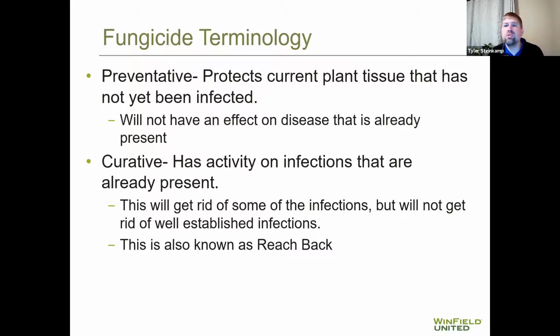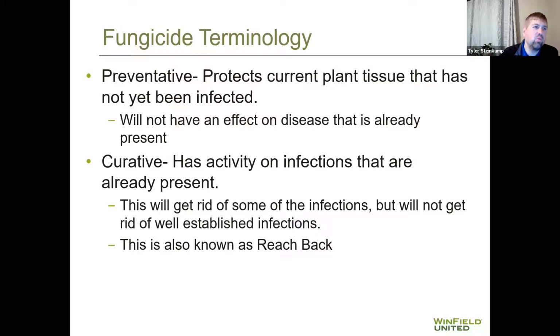So if you are using a preventative fungicide, understand that a foliar disease can continue to look like it's getting worse because a lot of that disease fungus has already infected into the plant.